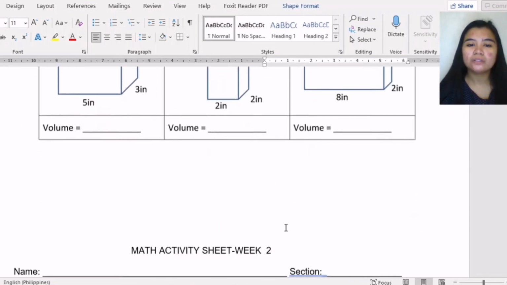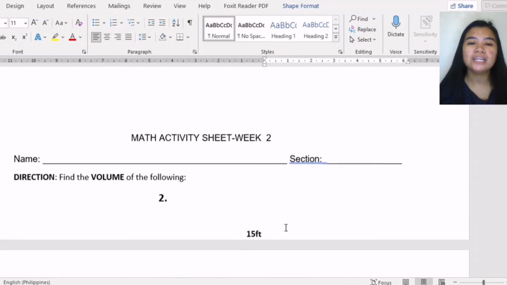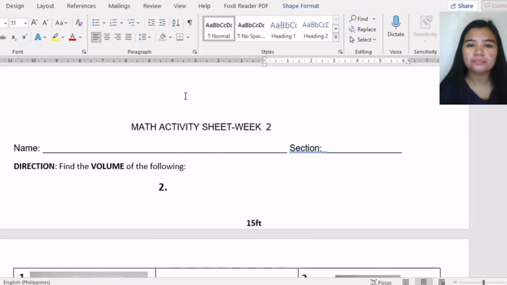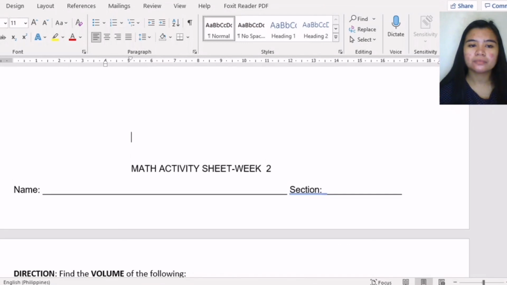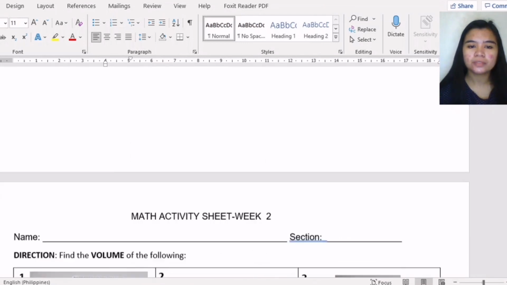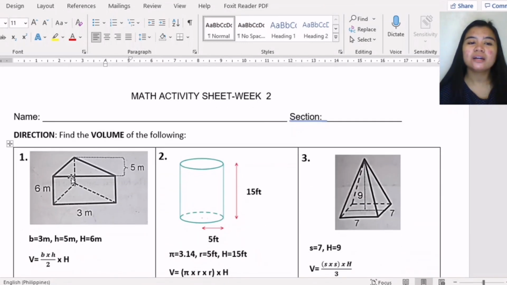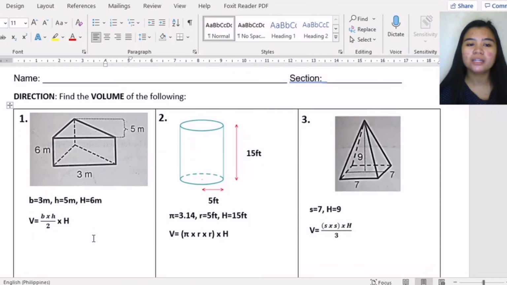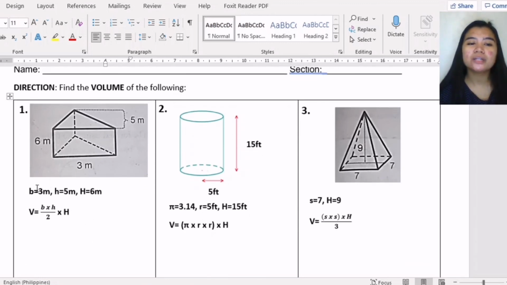So let's see kung ano yung gagawin nyo sa week 2 ng inyong fourth quarter. So ayan, as you can see, yung number 1, you are going to compute for the volume of a triangular prism. Ayan, nandyan na po yung formula. You're just going to substitute, na andyan na rin yung given.